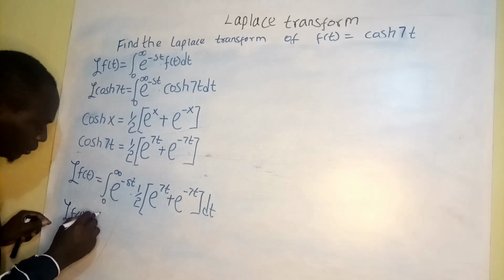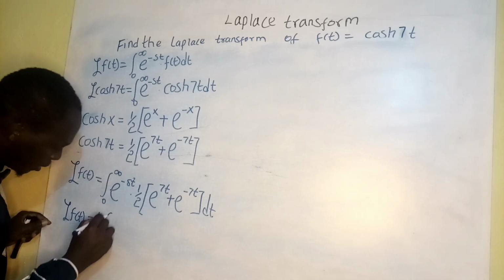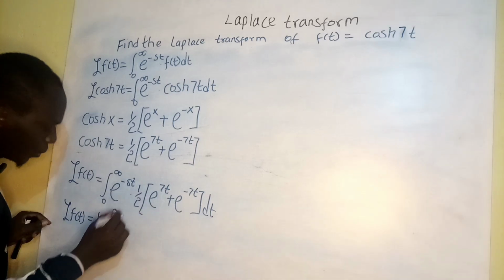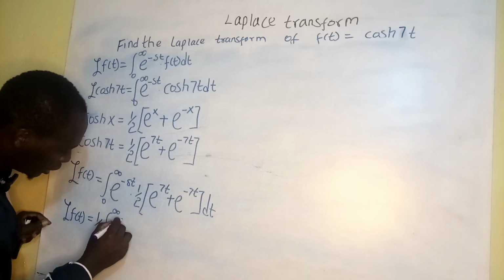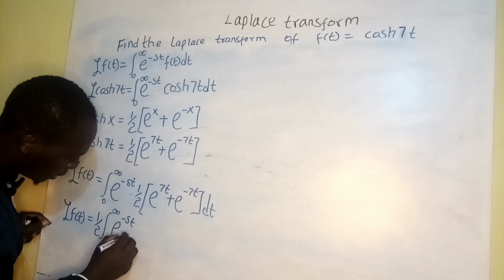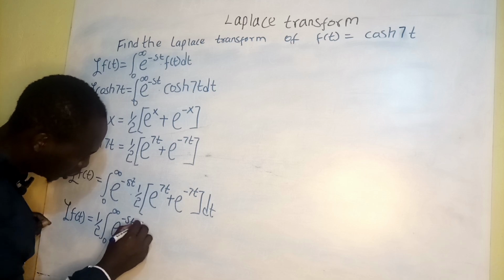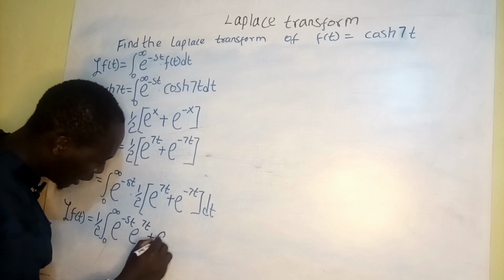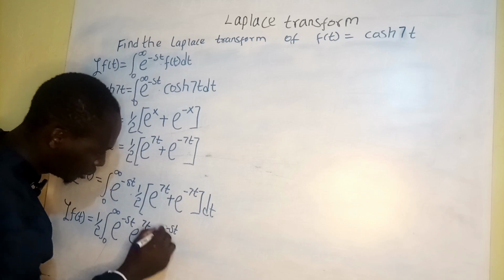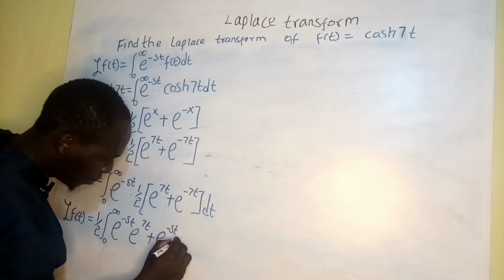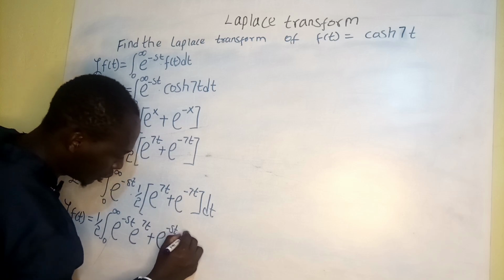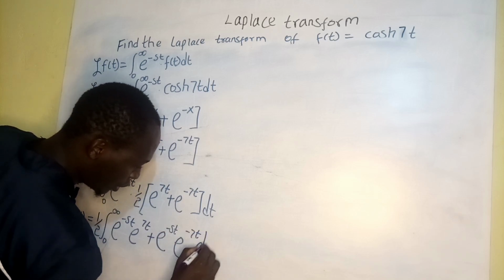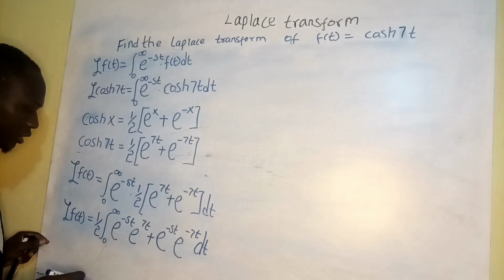By doing that, we are going to have the Laplace transform of our function f of t equal to a half, an integral with respect to our limits. We take exponential negative st multiplied by exponential 7t plus exponential negative st multiplied by exponential negative 7t, and our integration is with respect to dt.